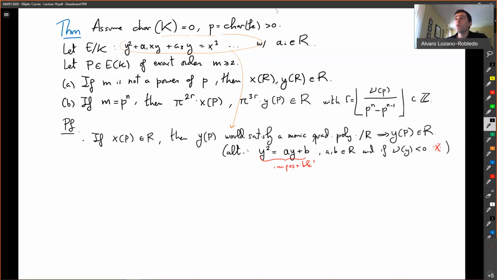Okay, so let's start by assuming that x is non-integral and see where we get. So assume that x of p is not an integer, and therefore the valuation of x is negative. We have not assumed that the equation was minimal to start with.